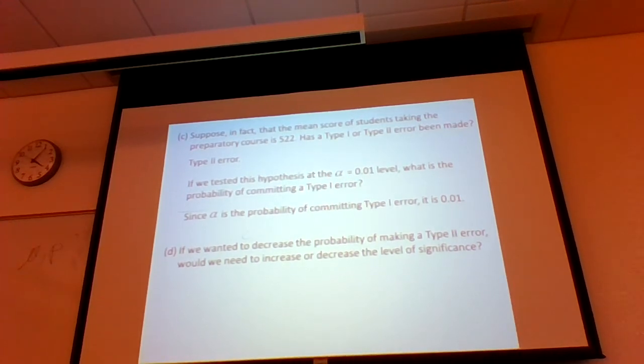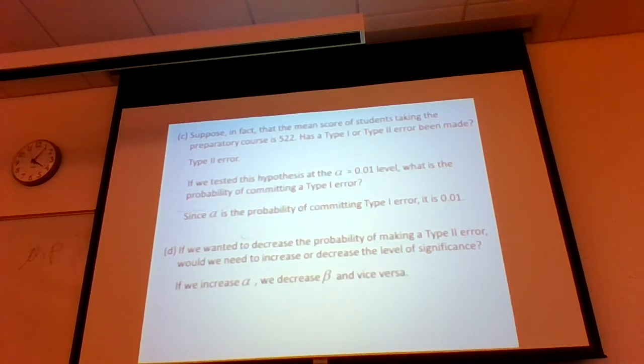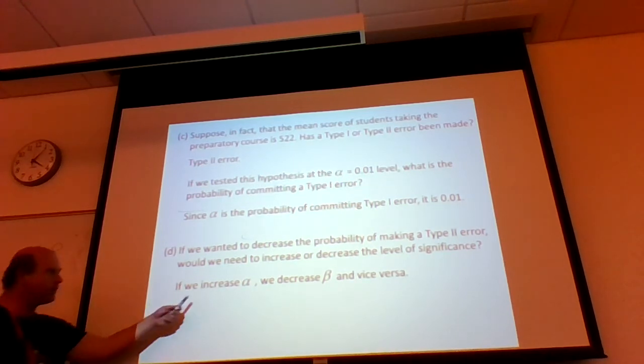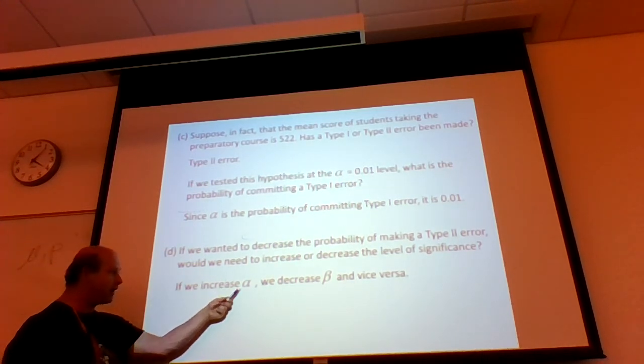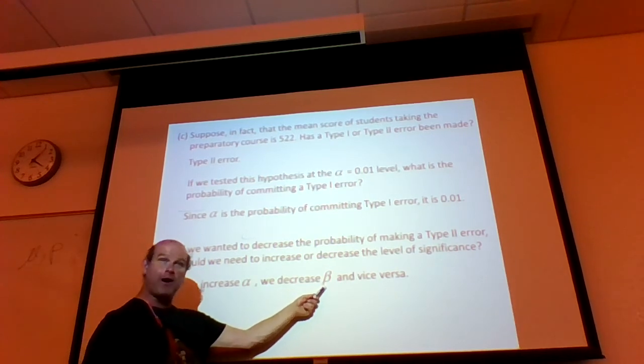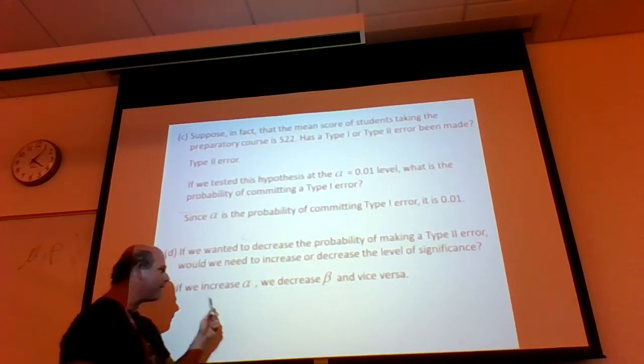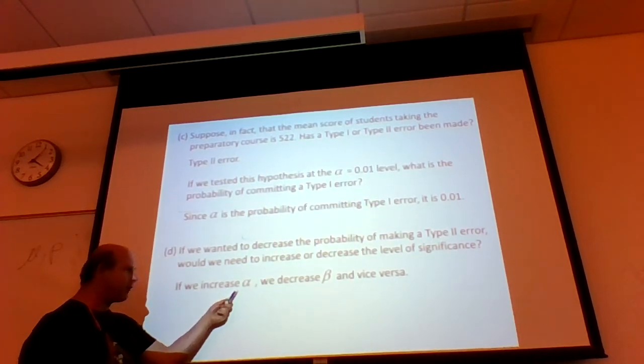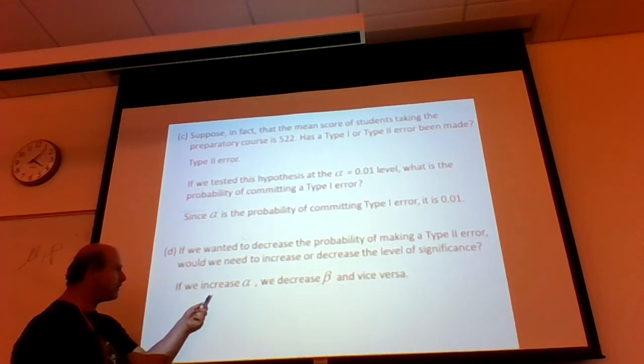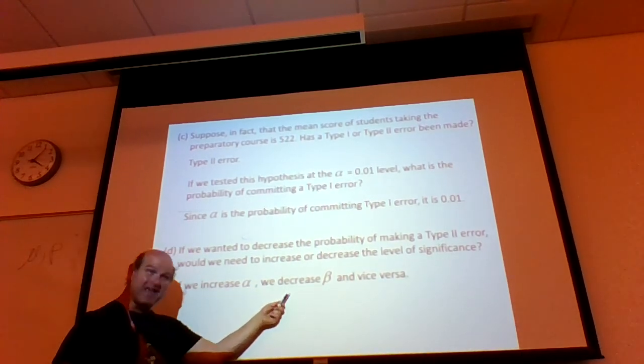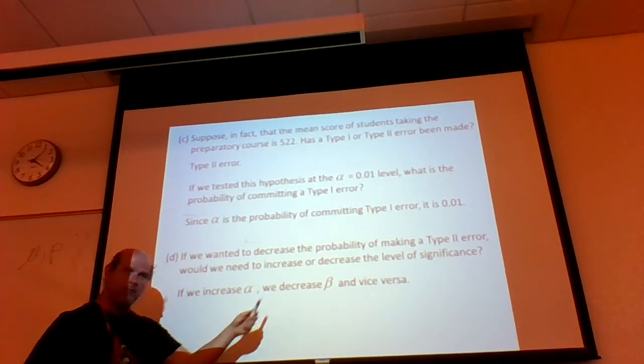That's why we can't make them both as small as we can. That's the problem. If we increase alpha, we decrease beta. This is type 1. If we increase the type 1 error, we decrease the type 2 error, and vice versa. Let me say that one more time.